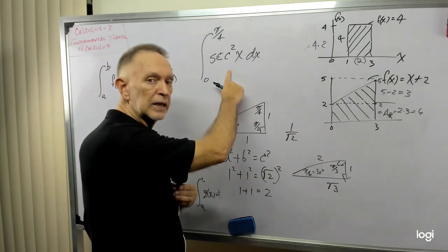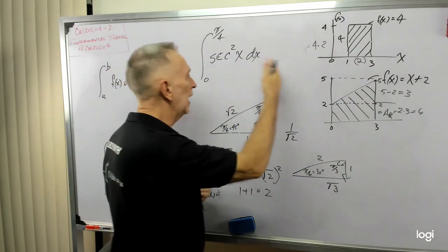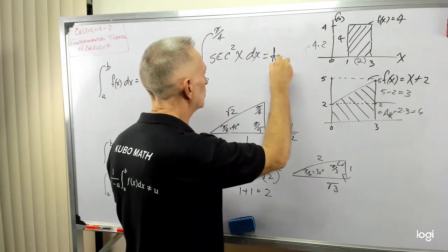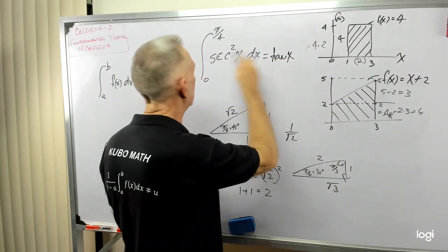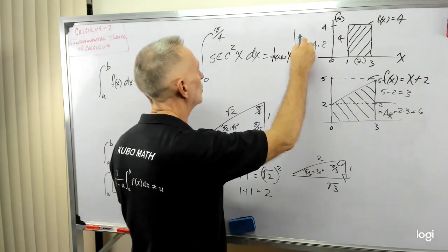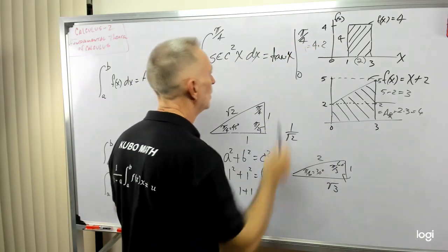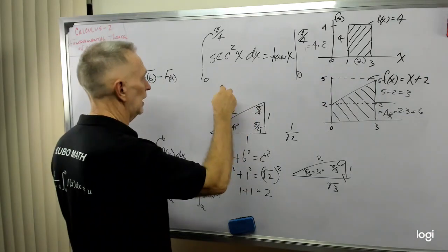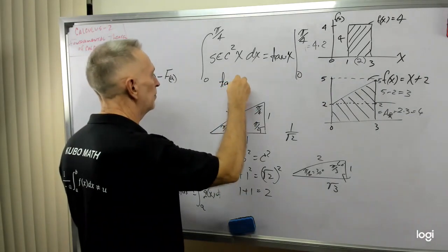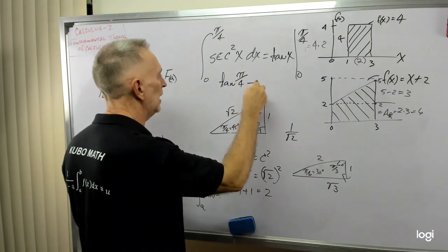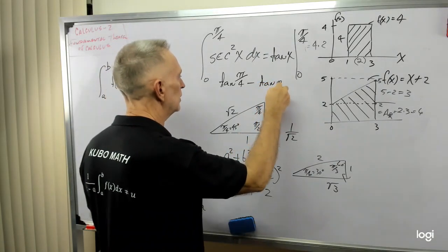So when I'm integrating secant squared, I immediately know that is tangent x. And we're evaluating that from 0 to pi over 4.